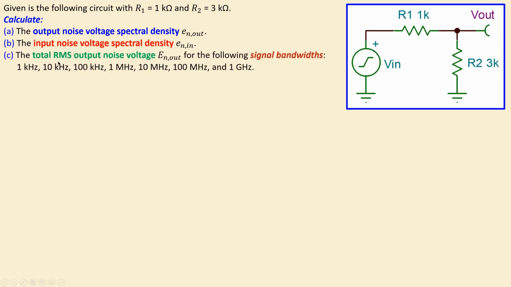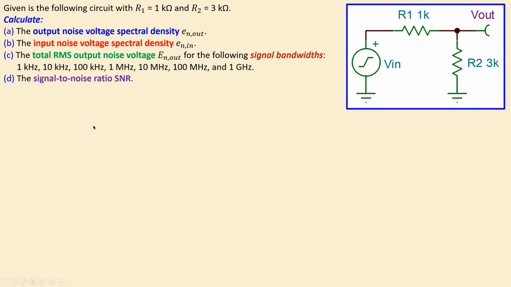We also want the total RMS output noise voltage, given by the capital E sub n out, for the following signal bandwidths: 1 kilohertz, 10 kilohertz, 100 kilohertz, and then 1 megahertz, 100 megahertz, etc. So that will be calculated for several different frequency bands. And finally we will look at the signal to noise ratio, short as SNR. That will also be discussed.